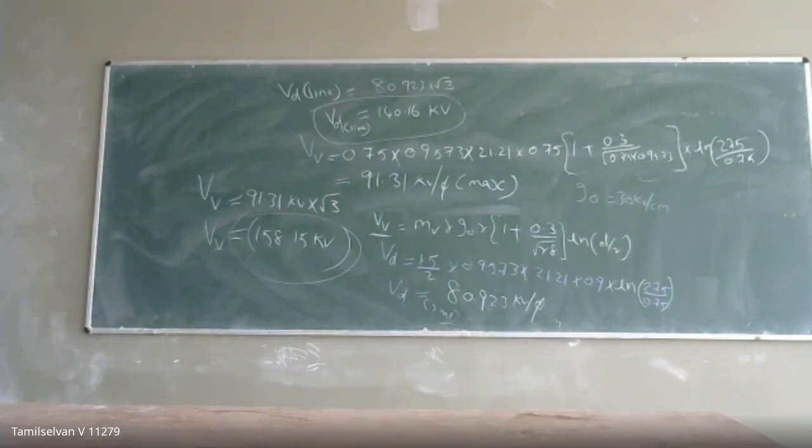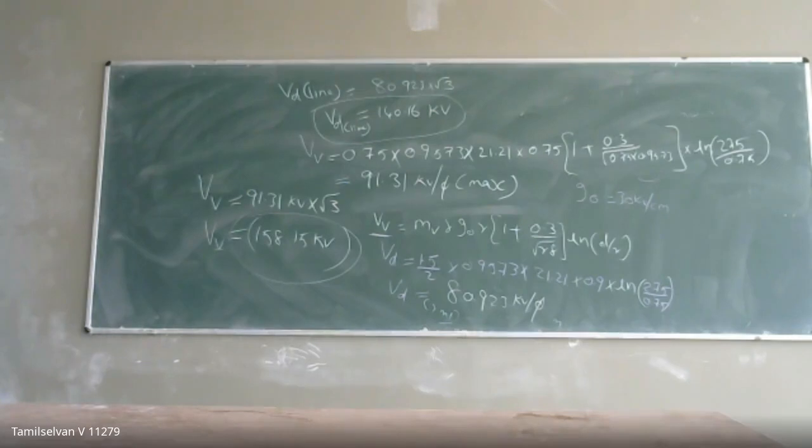Okay. The next part of the syllabus is the performance of our overhead transmission line. For performance analysis, we categorized the transmission line based on voltage and distance as short, medium, and long transmission line.